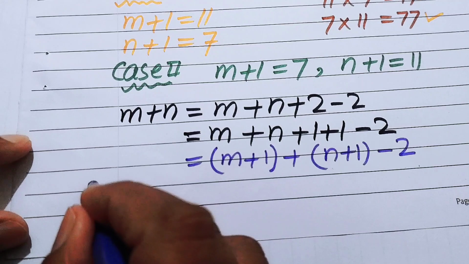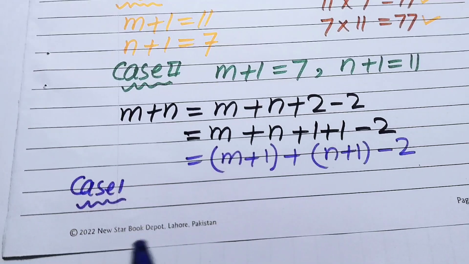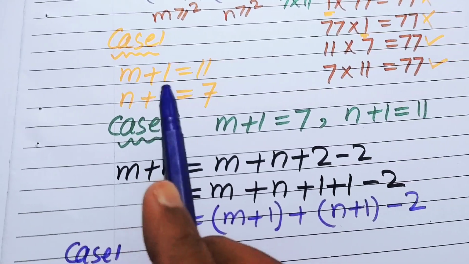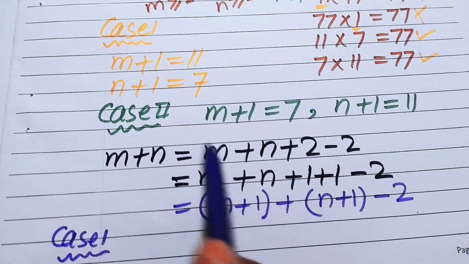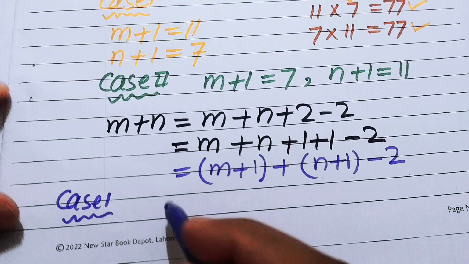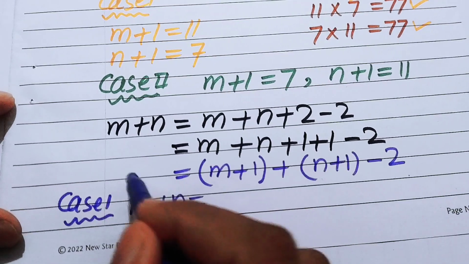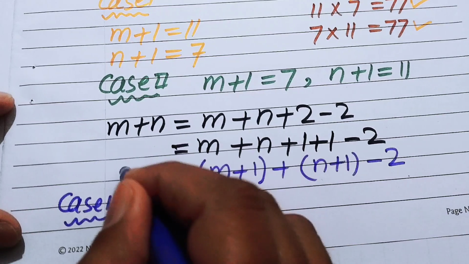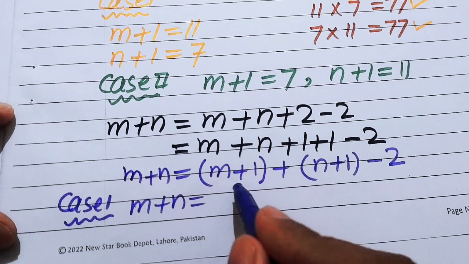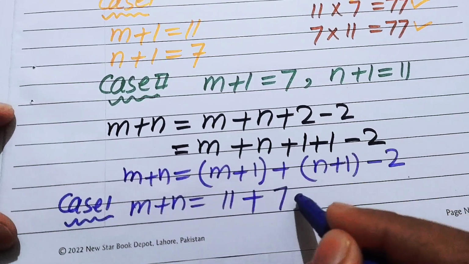According to case 1, we have m plus 1 equals 11 and n plus 1 equals 7. We put these two values here and you get m plus n equals, the value of m plus 1 in the first case is 11 and n plus 1 is 7, and this is minus 2.